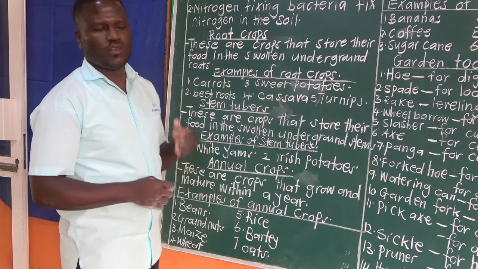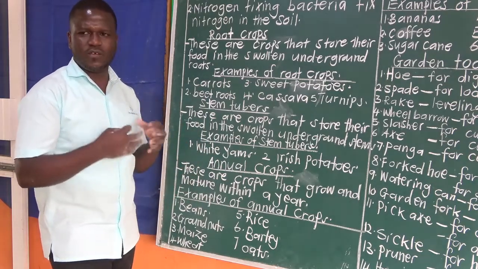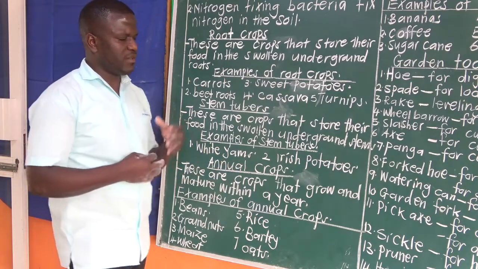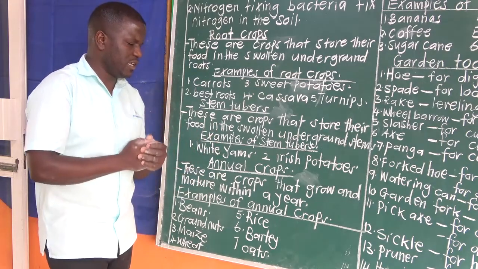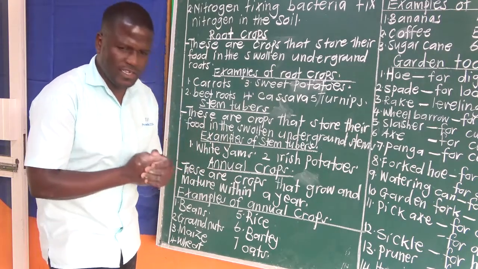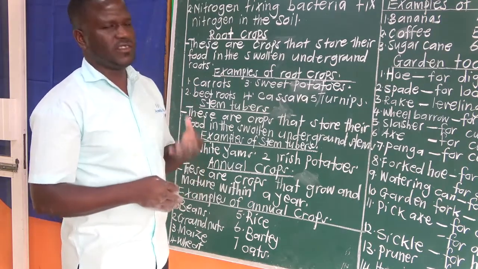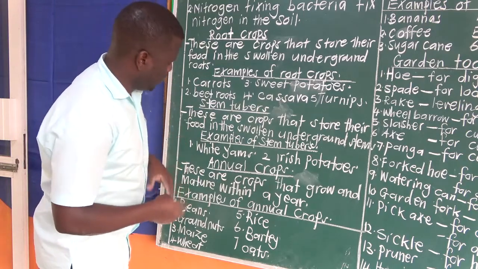That's why it is not called a stem tuber. As much as sugarcane stores its food in the stem, it does not qualify to be a stem tuber because it does not store its food in the solid underground stem. For it stores its food in the upright stem, which is above the ground. So it is not a stem tuber.